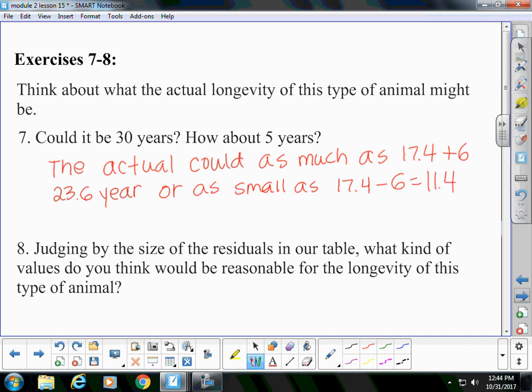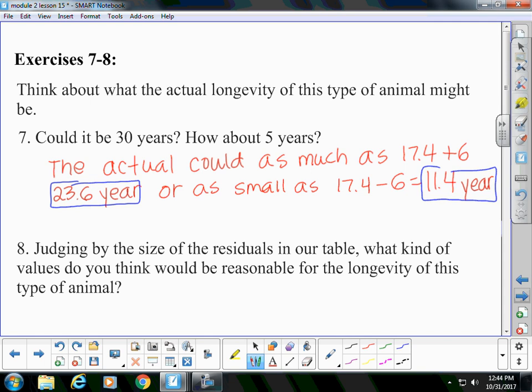So this number right here is as much as it's going to be, and this is as small as it's going to be. They asked us, could it be 30 years or could it be 5 years?